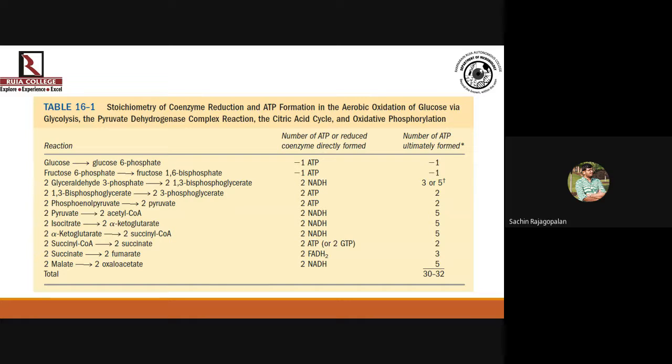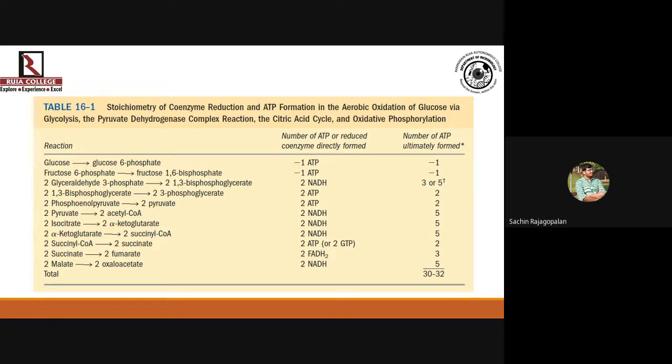So you maintain a tally of how much money you spent and on what. Similarly, when you have a bioenergetics tally sheet, you are trying to keep an account of where you spent ATPs, how many ATPs you spent, and where you gained or generated ATPs. So you try to make an entire tally sheet.